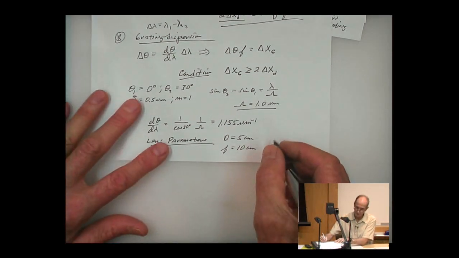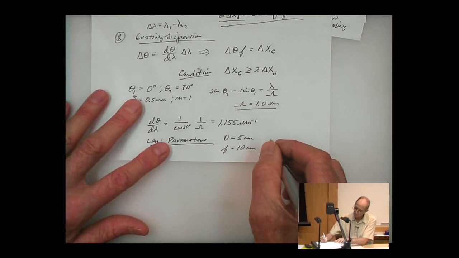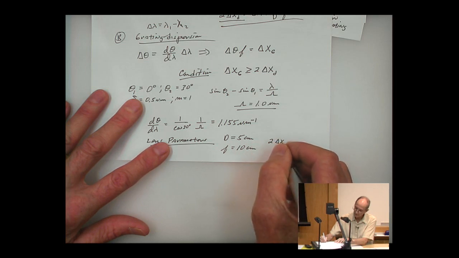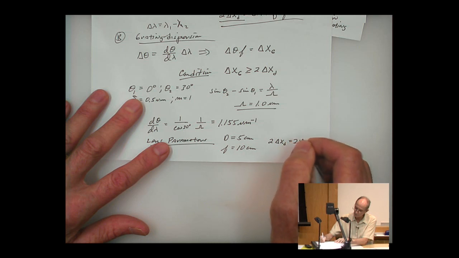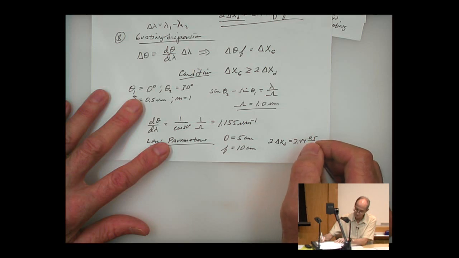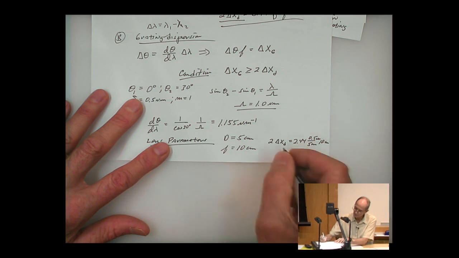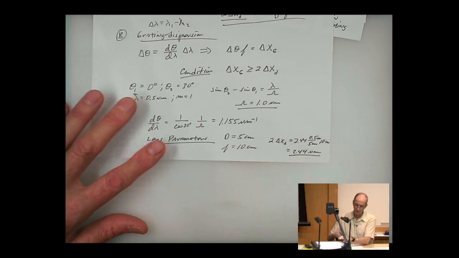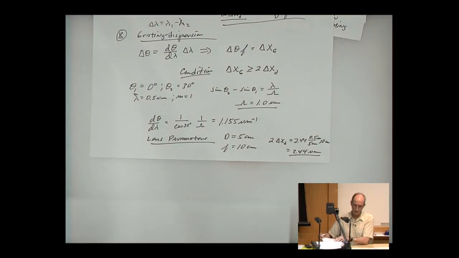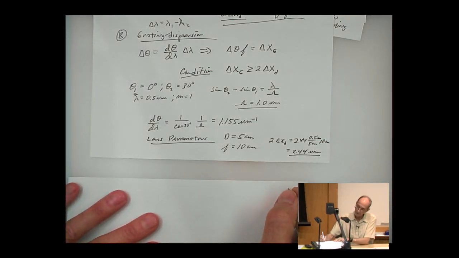And so then we see that our 2 delta x is equal to 2.44 times 0.5 microns over 5 centimeters times the focal length, which is 10 centimeters. So this is just equal to 2.44 microns.